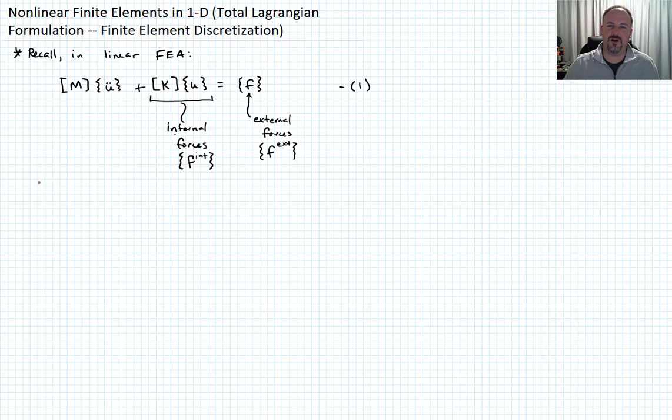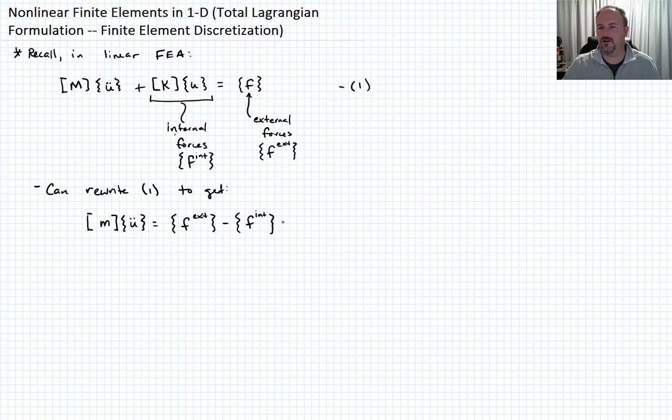So we can rewrite equation 1 if we take this tack to get the following. We could write it more as M times u double dot is equal to F external minus F internal, which if you wanted to, we could just say this is the net force.